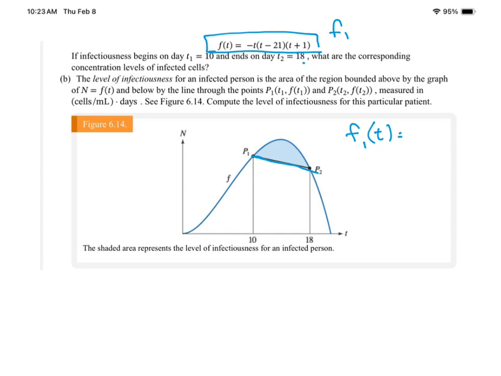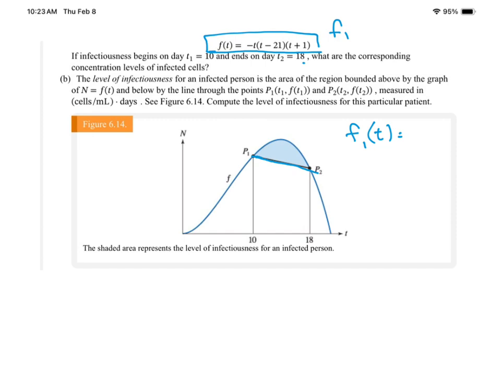Did you do negative x times x minus 21 times x plus 1? Yeah, we had to distribute it. Why can't you just type it as fractions? Because our calculators don't like it as fractions. Put multiply between the x and the first parentheses. Yeah, put an x times. Between the x and the first parentheses, you should be able to just put times. That works.